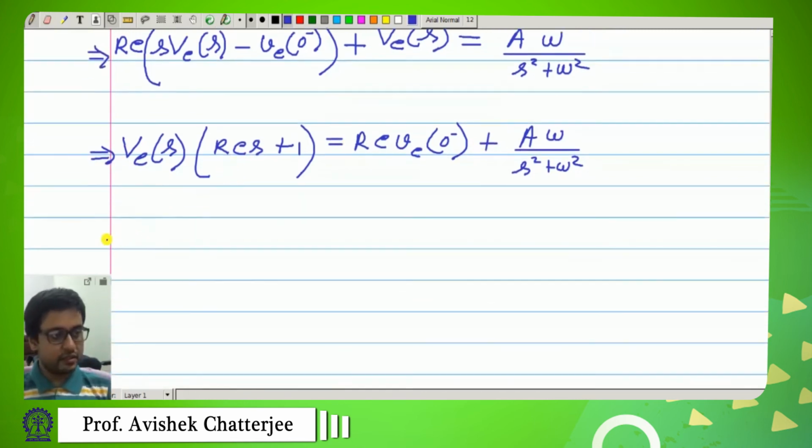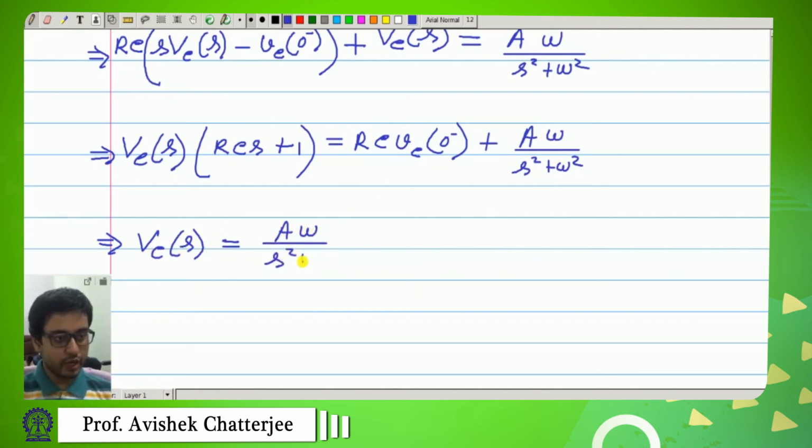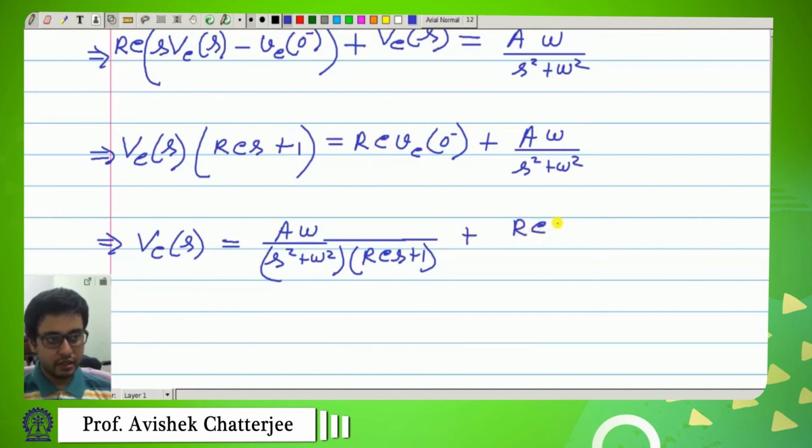Then from this, capital VC(s) is equal to A omega divided by (s squared plus omega squared), this whole divided by (RCs plus 1), and then here RC vC(0 minus) whole divided by (RCs plus 1).